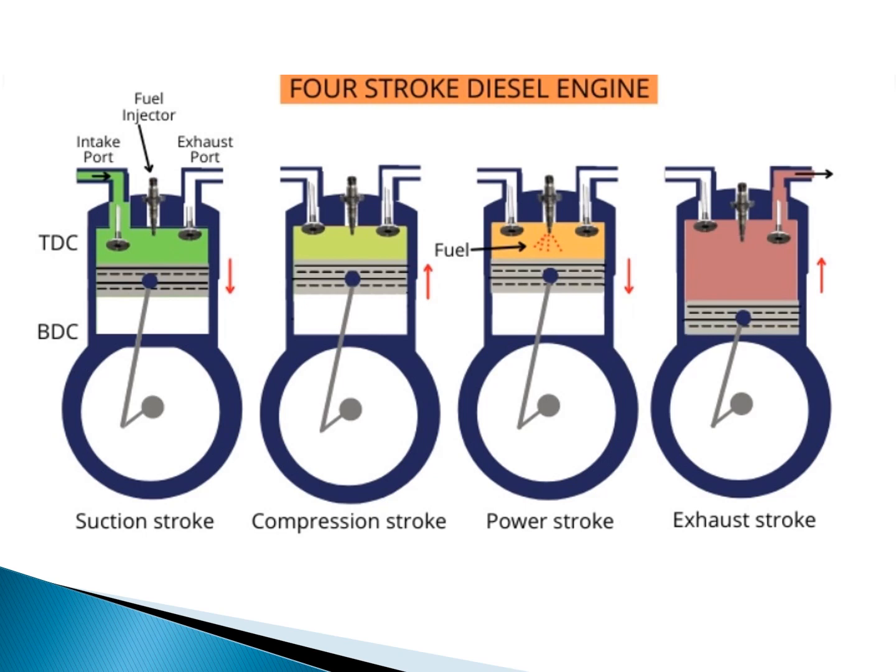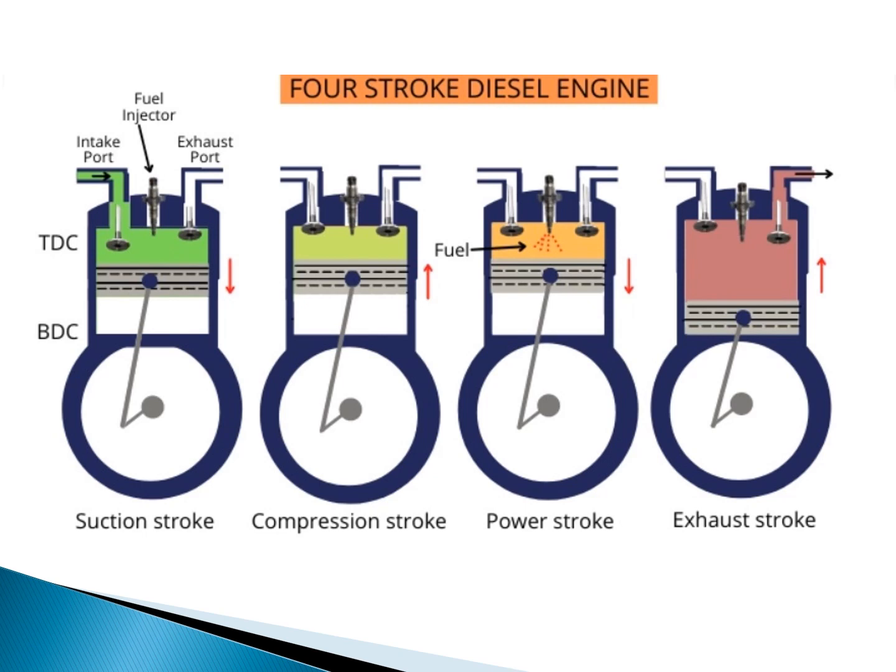In the suction stroke, the piston moves from top dead center to bottom dead center, as shown in the figure on the left-hand side. During this motion, the inlet valve is open and fresh air enters the cylinder through the inlet port. As the piston reaches the bottom dead center, the inlet valve closes, and the next stroke begins, that is the compression stroke.